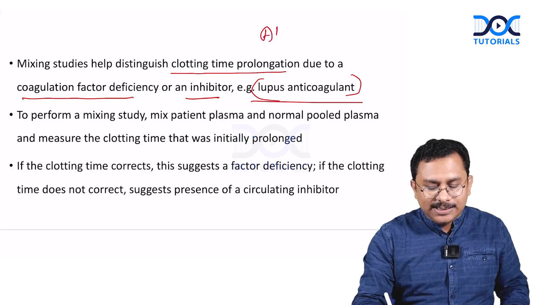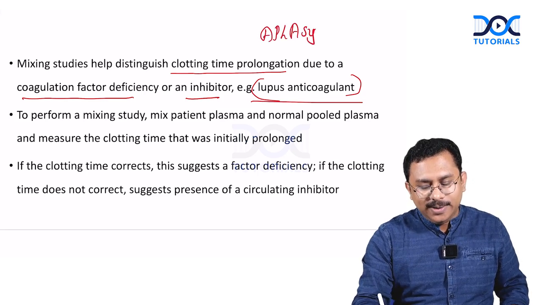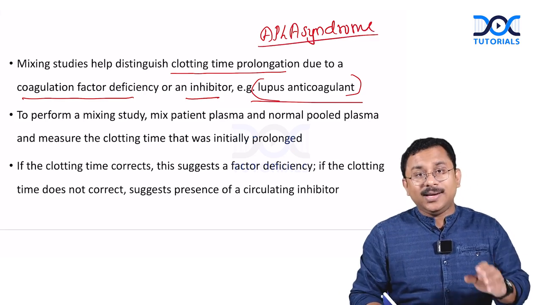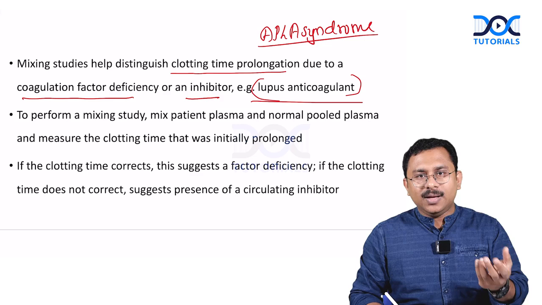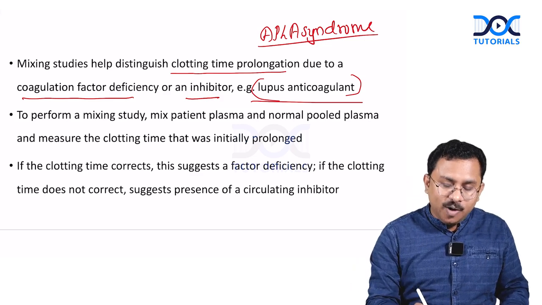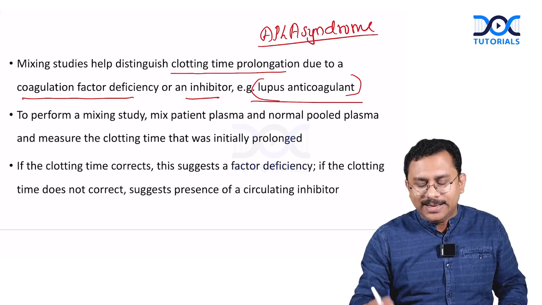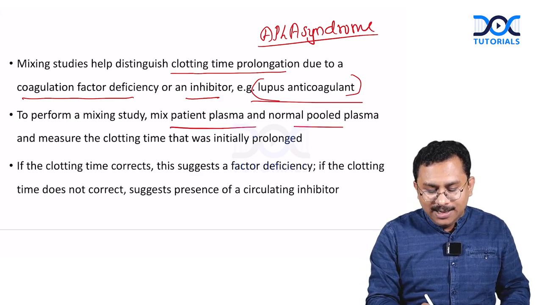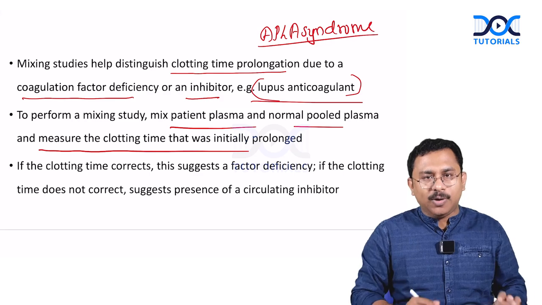Patients with APLA syndrome will have a lupus anticoagulant, so the prolongation of APTT is because of the lupus anticoagulant and not per se because of a defect in a particular clotting factor. To perform a mixing study, you mix the patient's plasma with the normal pooled plasma, and then you measure the clotting time that was initially prolonged.